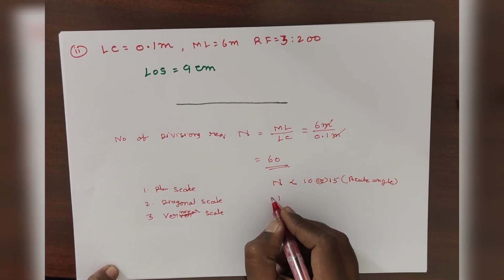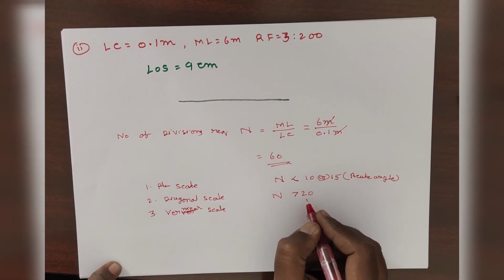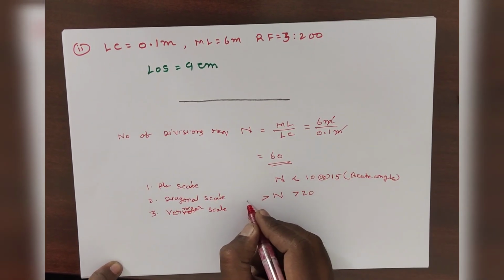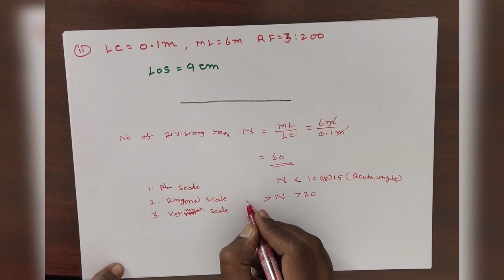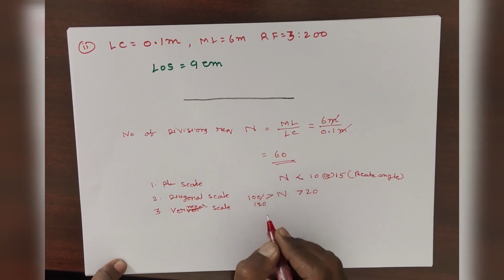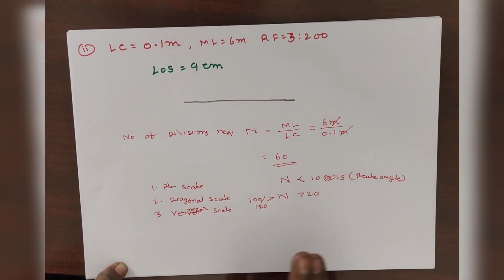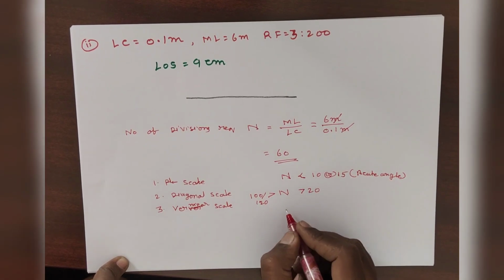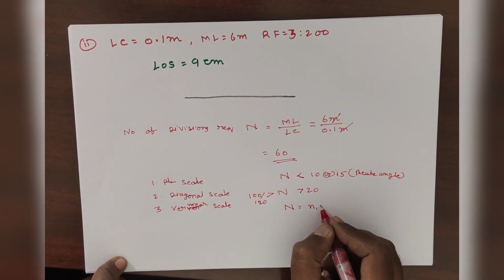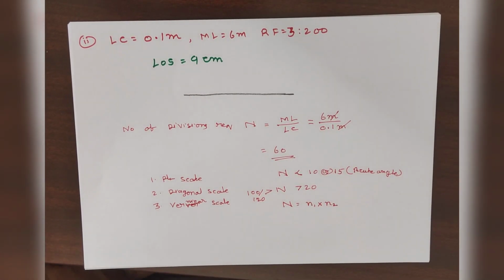If n is greater than 20, maybe 100 or 120 or 150, then what will I do? Dividing into these many parts is not that easy. Then n is assumed as a product of two elements, n1 and n2.